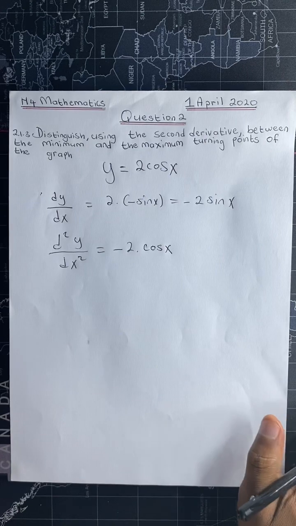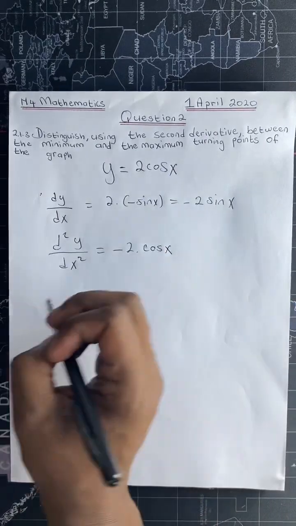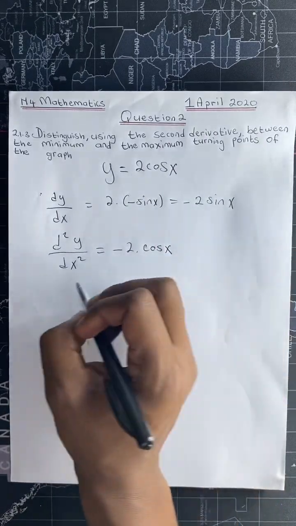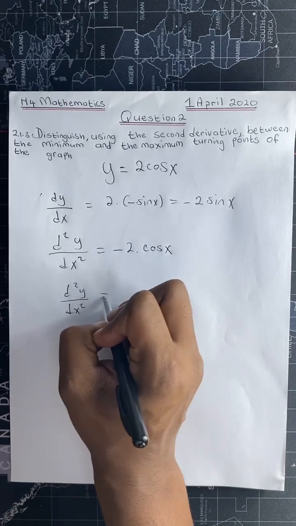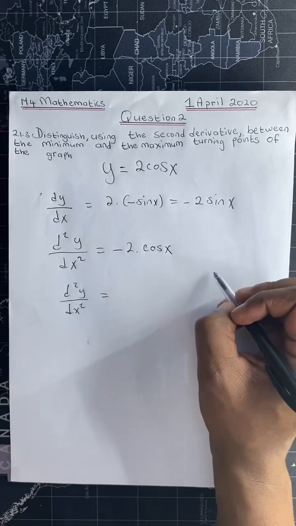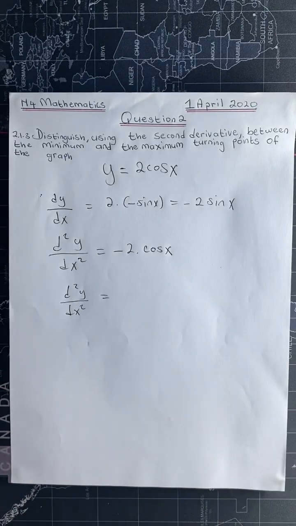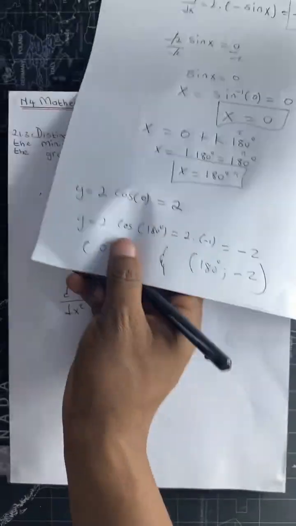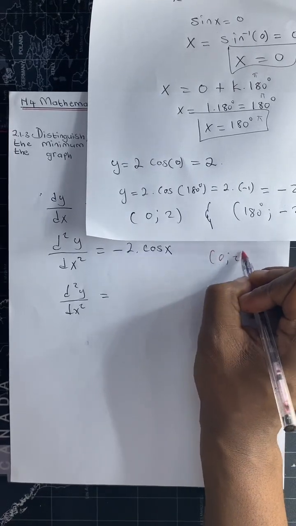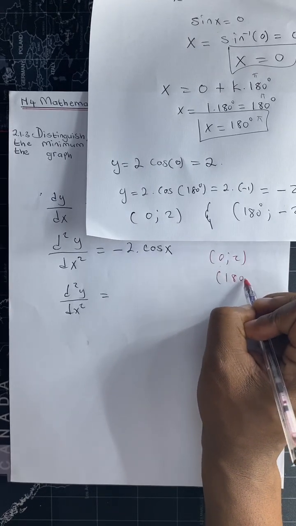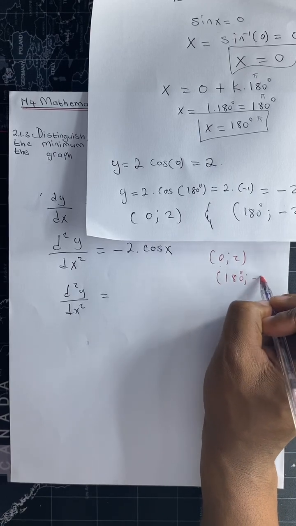To determine whether the point is maximum or minimum, we substitute the x value. The first point was 0 and 2, and the other one was 180 degrees or pi and negative 2.